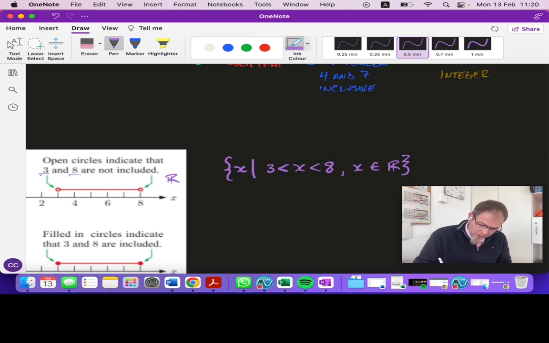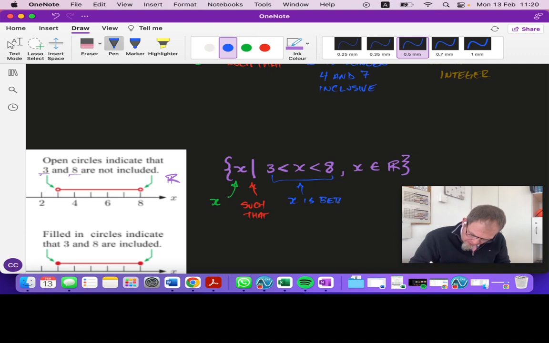So if we want to break that down again, that's x such that x is between 3 and 8 exclusive.